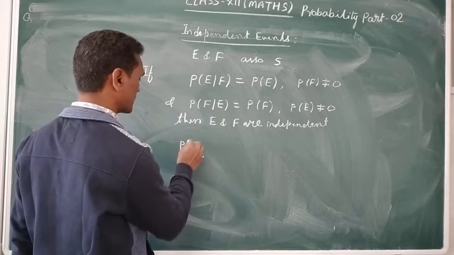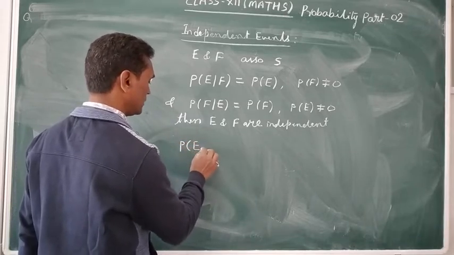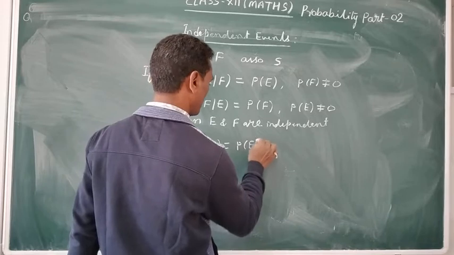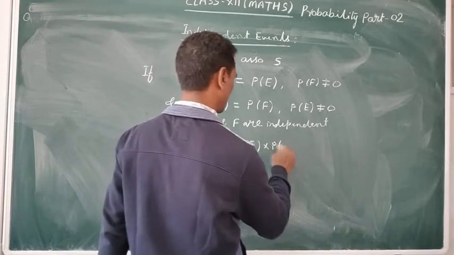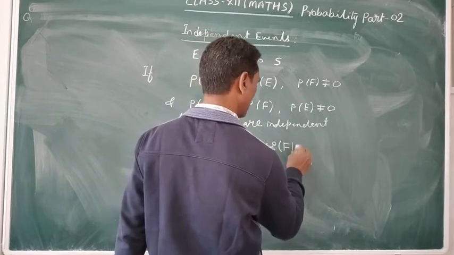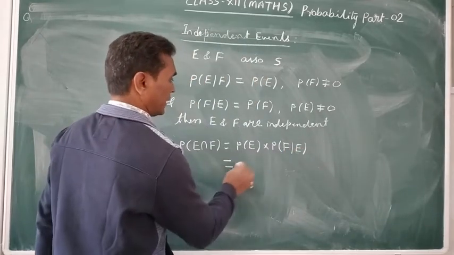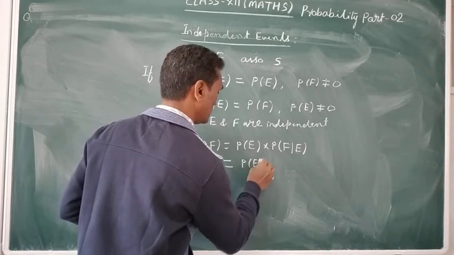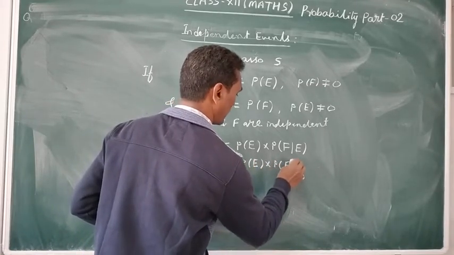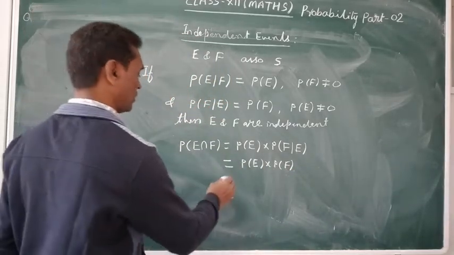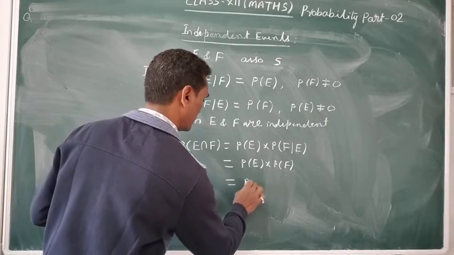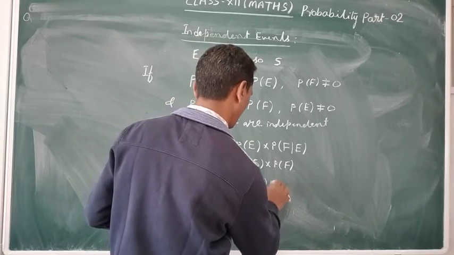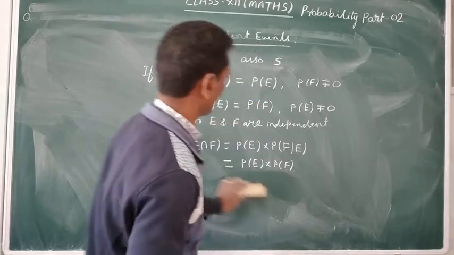Suppose by multiplication rule, probability of E intersection F is equal to probability of E into probability of F given E. Here F given E is F. So probability of E into probability of F. Or you can write probability of F into probability of E given F. Both are same, so no need to write.